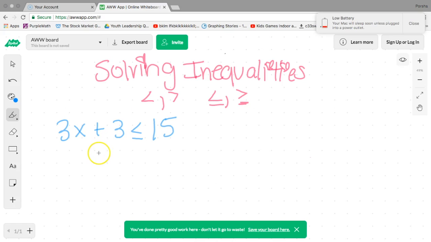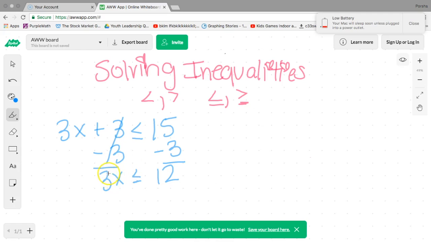Your first step would be to subtract 3 on both sides, but remember, we have an inequality sign. 3 minus 3 is 0, and I have 3x left. So 3x is less than or equal to 15 minus 3, which is 12. We've done the first step. We have subtracted 3 on both sides so that we can get closer to getting x by itself.